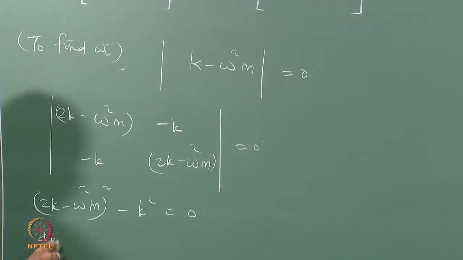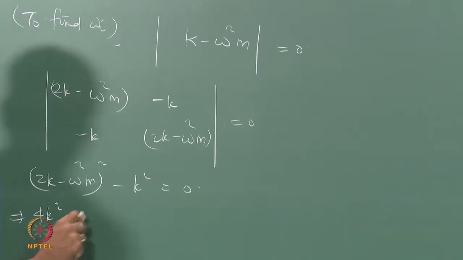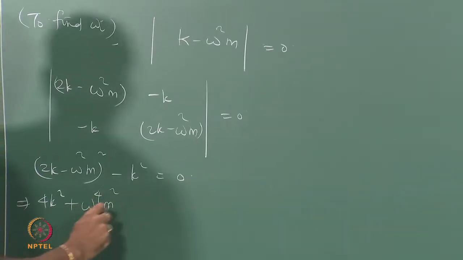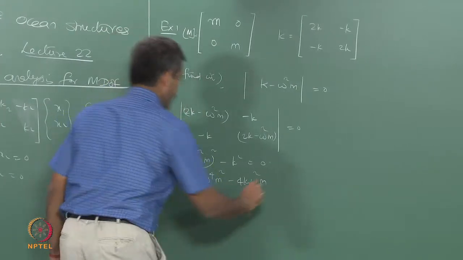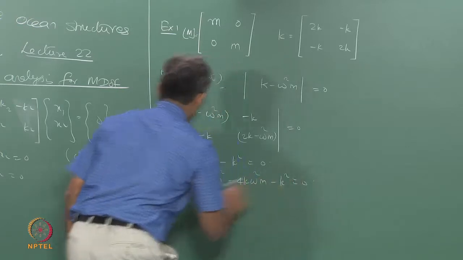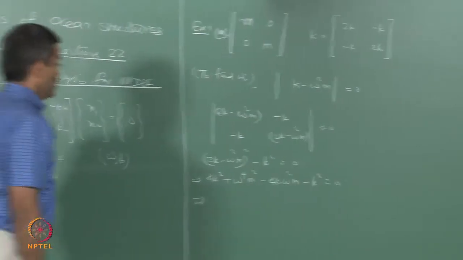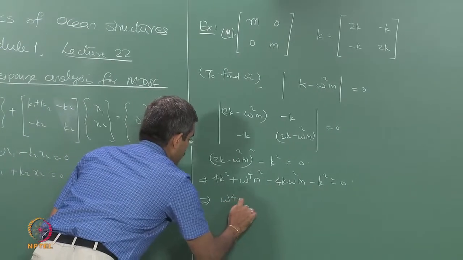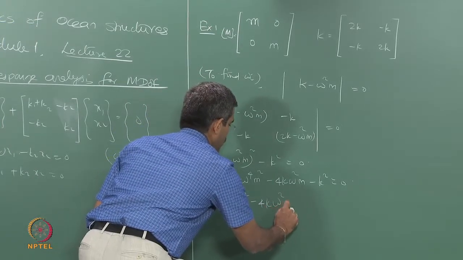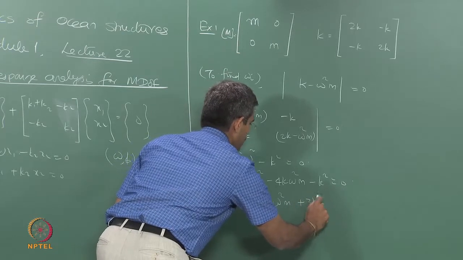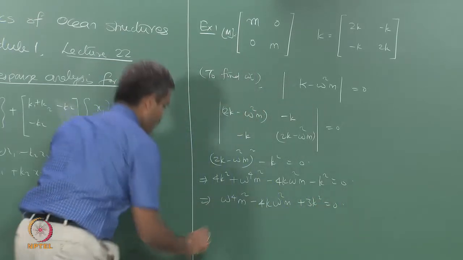So, 4k square plus omega 4 m square minus 4k omega square m minus k square set to 0, omega 4 m square minus 4k omega square m plus 3k square set to 0.